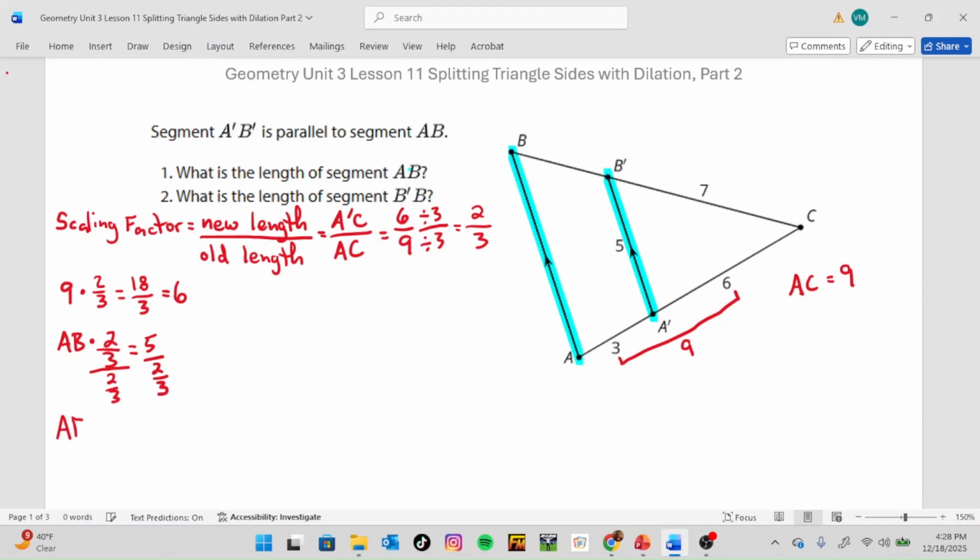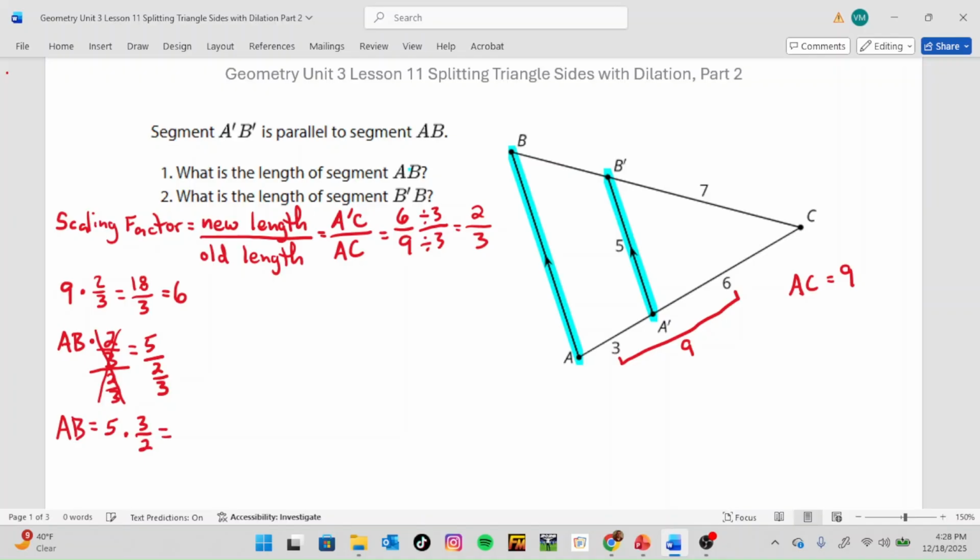So we have AB equals, when I divide 2/3 by 2/3, that just becomes 1 because anything divided by itself is just 1. And then I have 5 divided by 2/3. Dividing by a fraction is the same as multiplying by its inverse. So dividing by 2/3 is the same as multiplying by 3/2.